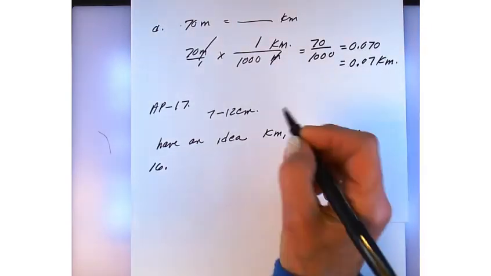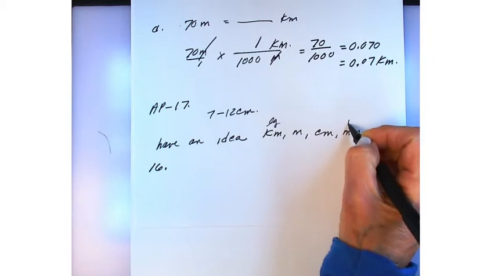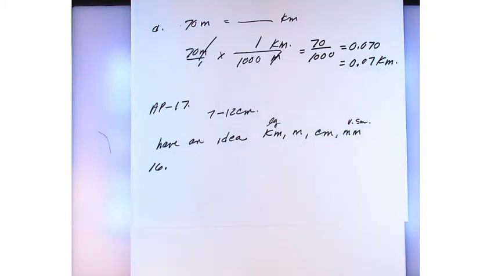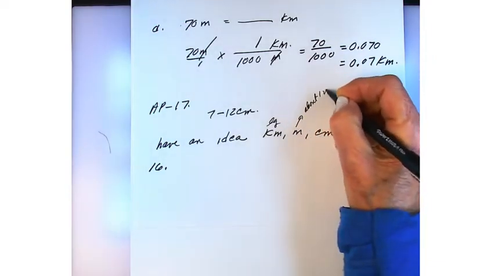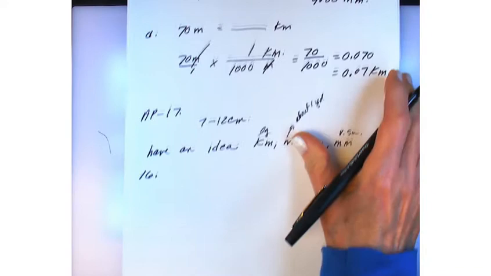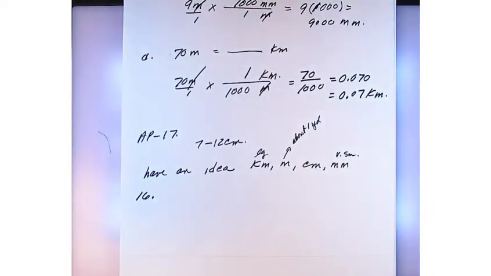Remember, this is very large and this is very small. The other two are in the middle. A meter is about 1 yard. Just to have an idea, I'm not giving you exact conversions at all.